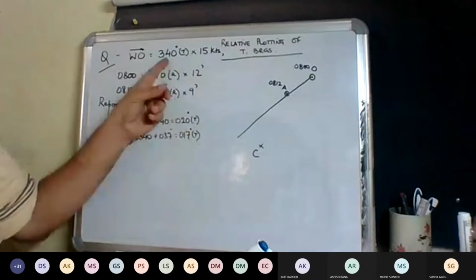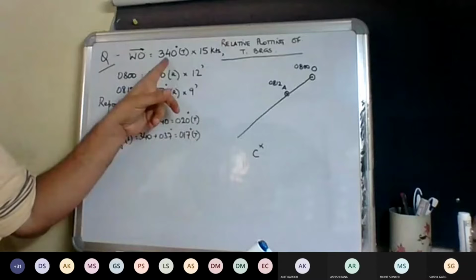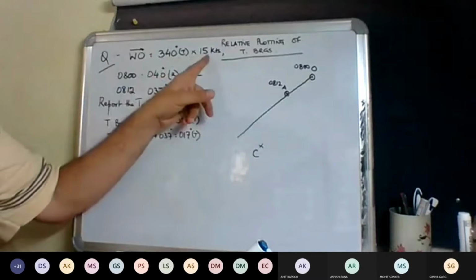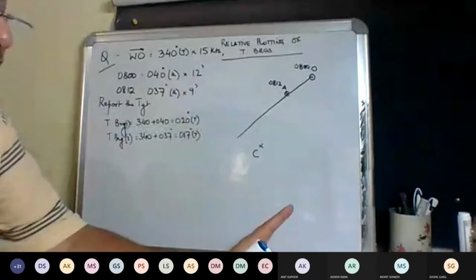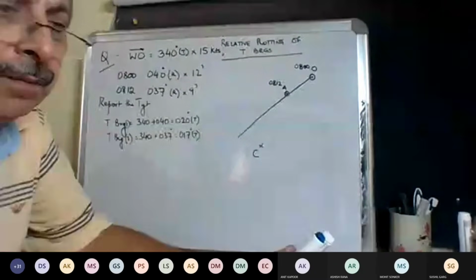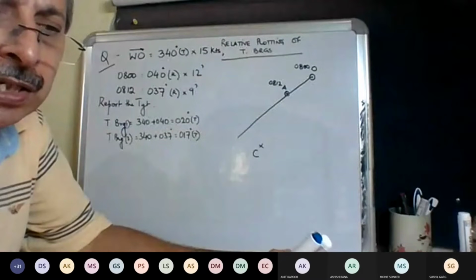Now, your own ship is doing 340 and she's doing 15 knots. So, on the right side, you will find a speed time distance table.